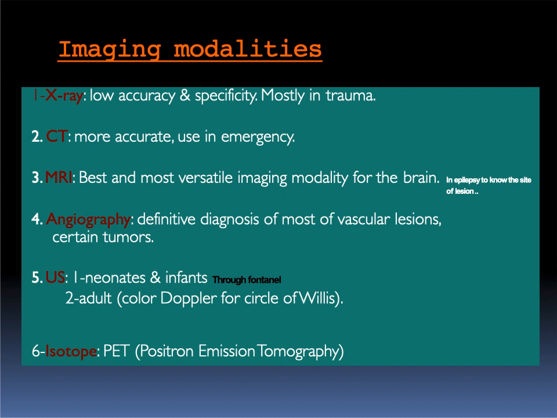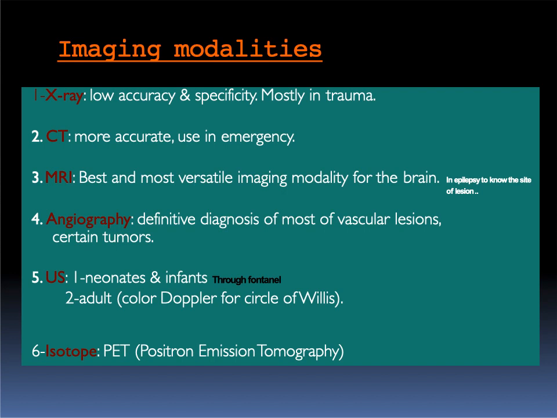The third one is the magnetic resonance imaging, which is called MRI or MR. Actually, it's the best and the most accurate imaging modality of the brain. It can even detect the foci of epilepsy if the patient comes with epilepsy to the emergency.